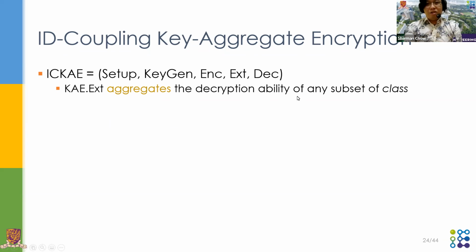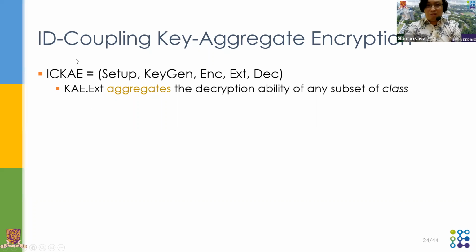So in KAE, there is a notion of class which confines the decryption power. Likewise for encryption, you specify which class you want to encrypt to. You can encrypt to class 1, class 2, or to class 1 and 2. So that is the concept of class, which is different from identity. That is the basic KAE.